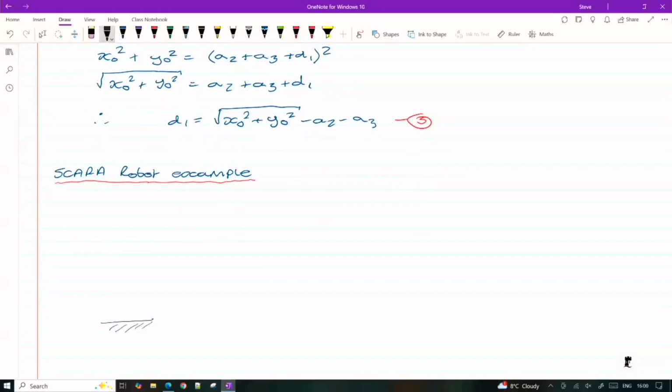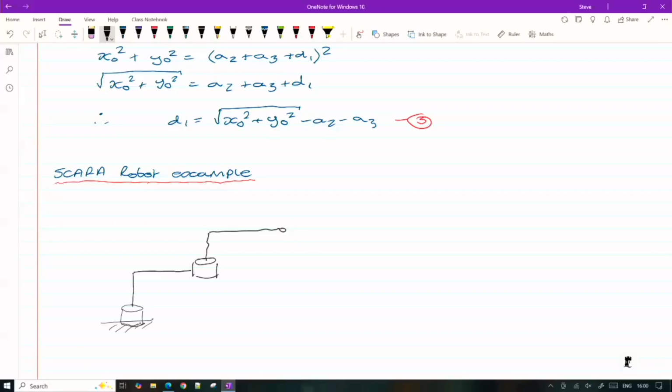So we have our fixed base, so that's within whatever setting the robot is in. At the base we have a revolute joint, a fixed vertical link and a fixed horizontal link to a second revolute joint, and again we have the same configuration out to the end effector mount point.